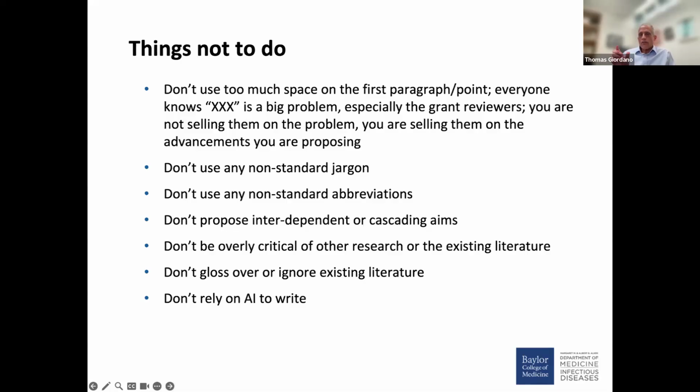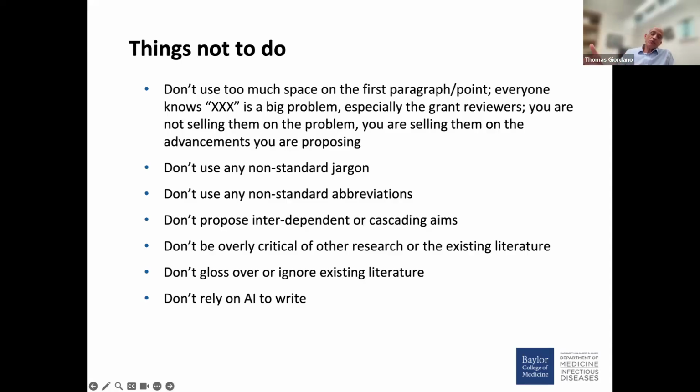So you've got to walk a fine line, because the other work is important, and the people who did that work could be on your study section. They could be reviewing this grant. So you don't want to be hypercritical of it. You want to point out reasonable limitations and problems. There's always room for more work. Just don't be mean or nasty about it, because you're probably not being fair, and there are plenty of gaps out there without being a jerk.